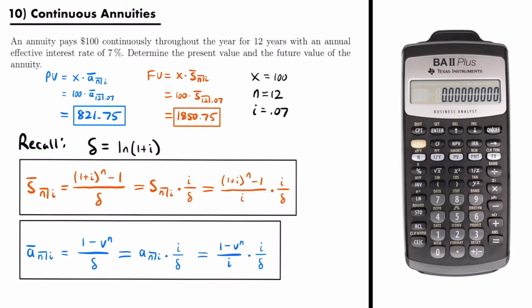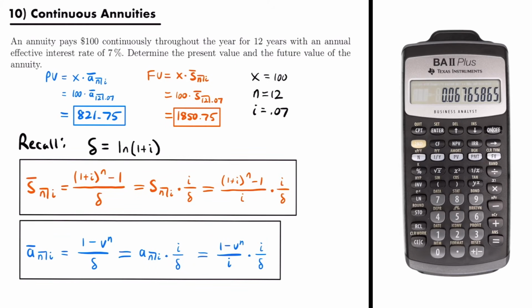All right, and so the force of interest is equal to the natural log of 1 plus the interest rate. And so in this case, our interest rate is 7% or 0.07. So we will have 1.07, right? That would be 1 plus the interest rate. And then we will hit this natural log button to take the natural log of it. Okay, so that's our force of interest. But now we want to divide our interest rate by that force of interest.